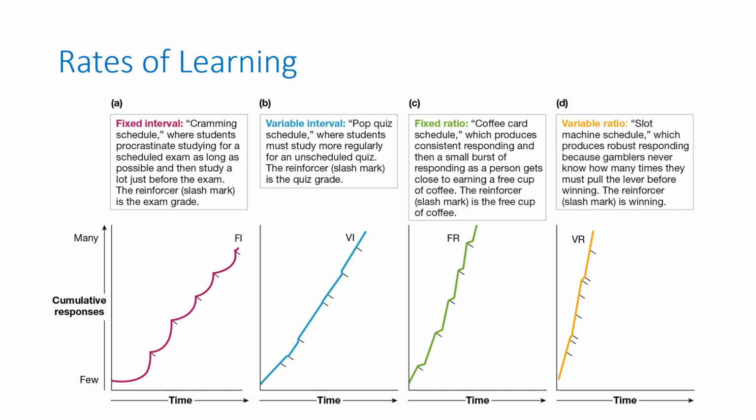They have what we call a post reinforcement pause, and they take a little time off because they worked, and they take a little break before they start doing the accumulated behavior again before they can get the next reinforcement.